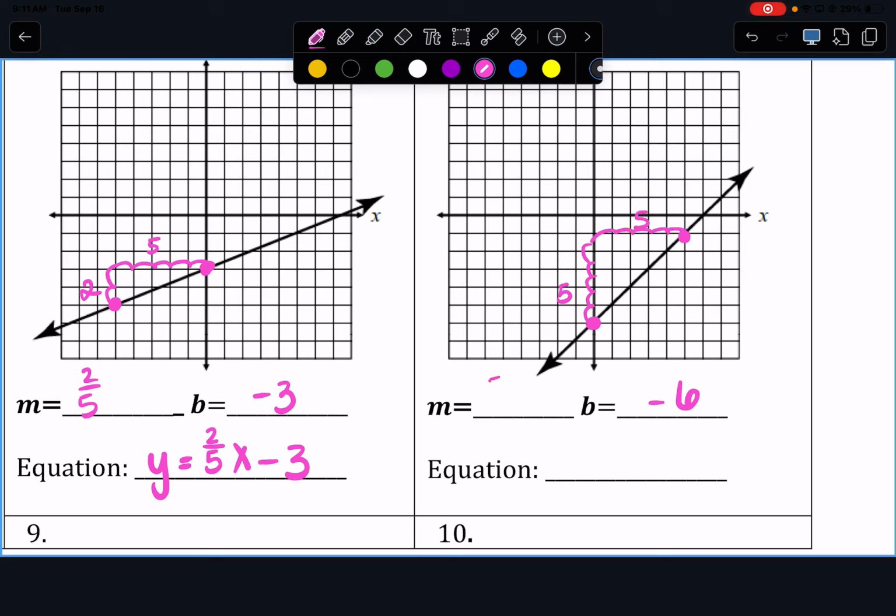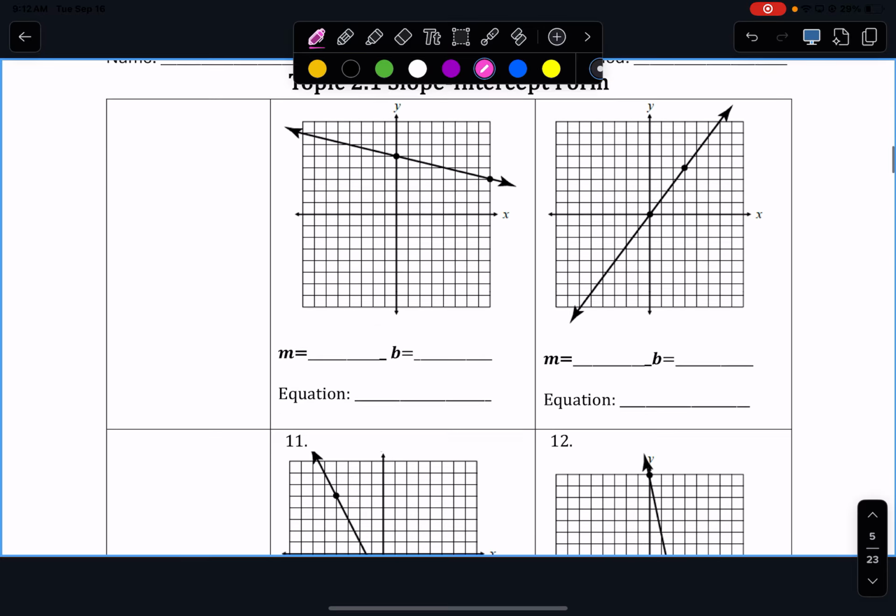So we have 5/5. What is that the same as? 1. So when we write our equation, we need y equals x minus 6, or 1x minus 6. If you need to put the 1 there, put the 1 there. It's not required though.